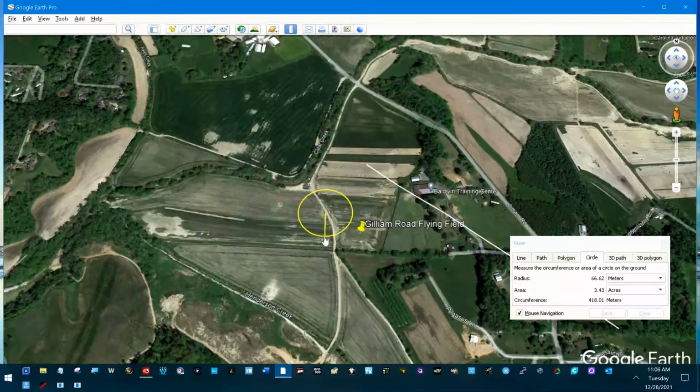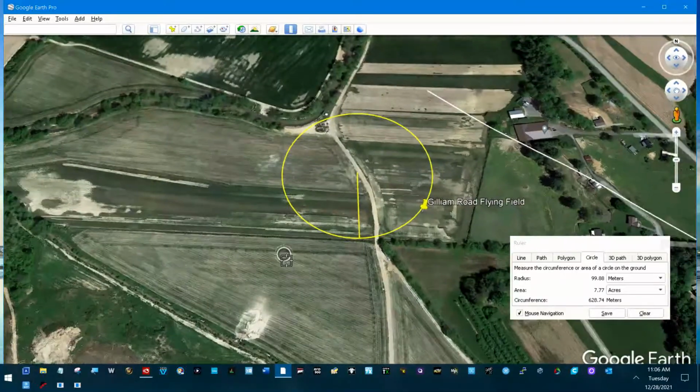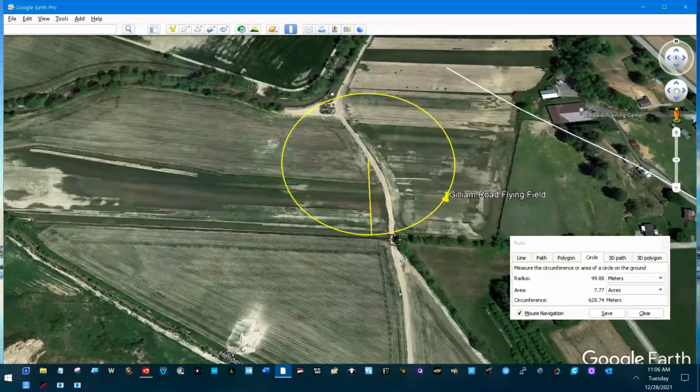If that radius of that circle was 100 meters, ah, 99.88, we'll call that 100. You see, that is very tight in there. Doesn't get me over these trees, but also right here, it barely fits.